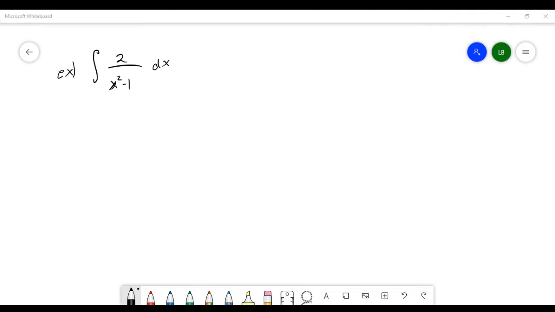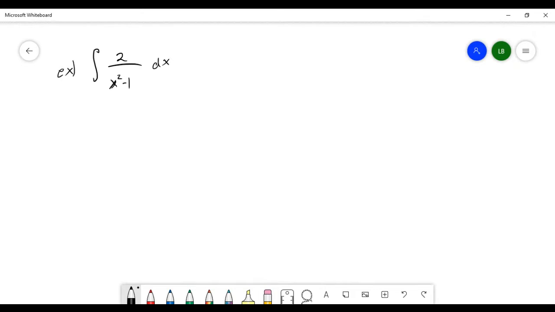Negative 1 natural log of x plus 1 plus natural log of x minus 1. Let's see. That could very well be it. I actually haven't worked this out yet.